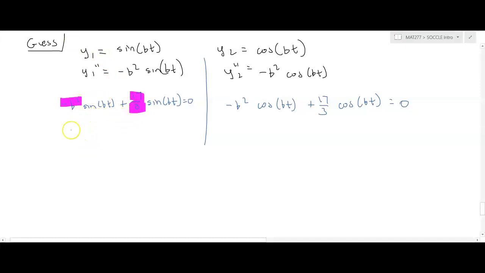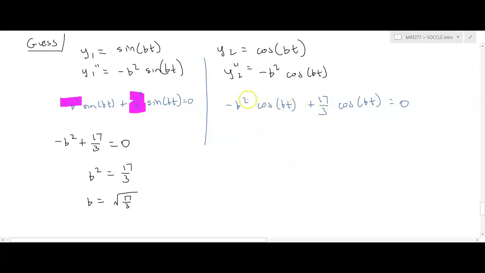So in order for them to add, we want those coefficients to cancel each other out and add up to 0. So if we solve for b here, we'll have b squared equals 17/3. And so b, since we're with sine and cosine, we're not going to take plus or minus, we're just going to take the positive square root because of the symmetry of cosine. Similar kind of concept for sine as well.